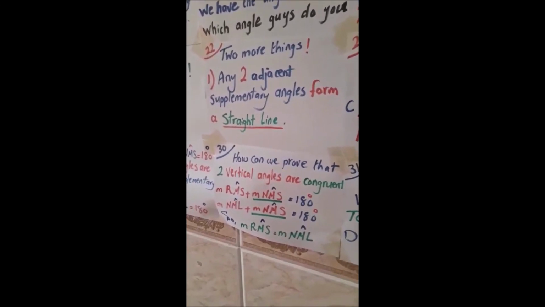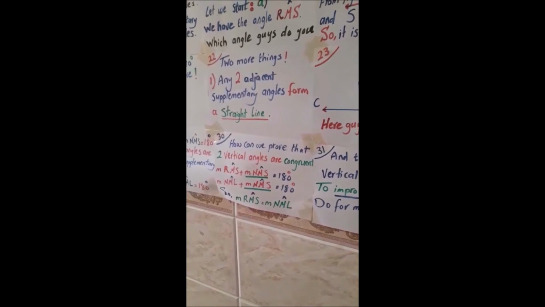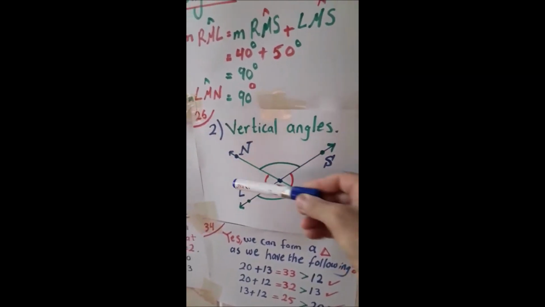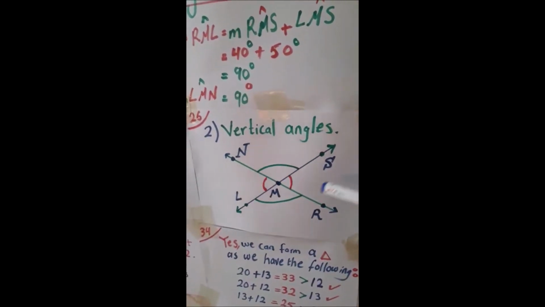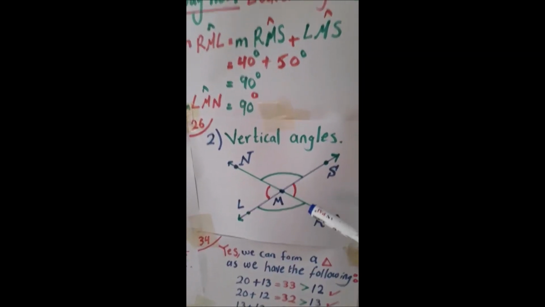Maybe some of you will ask me, mister, can you repeat for us how we can prove that any two vertical angles are congruent? I know that they are vertical. How can you prove to me that RMS and NML are congruent? Let me start.